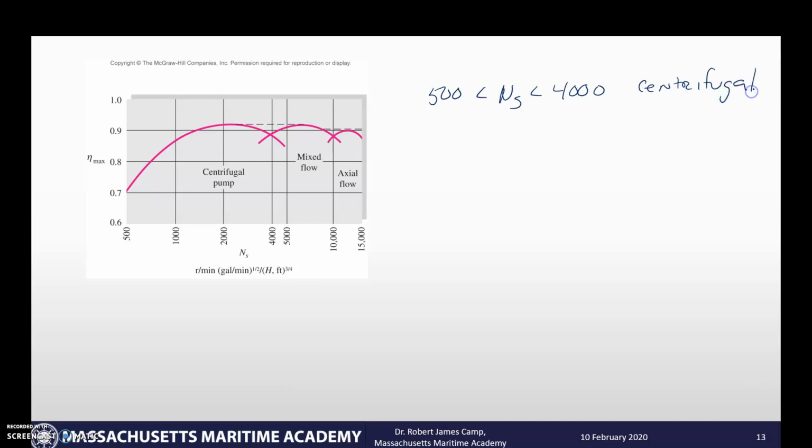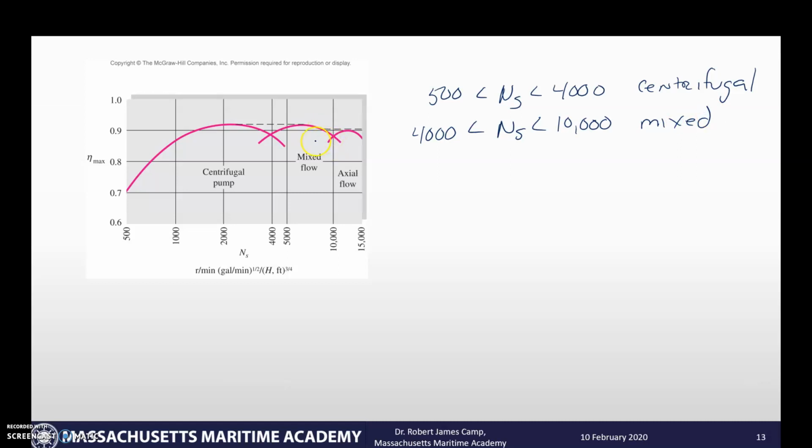Especially as you get in the upper end, if you're in the 3,500 range, does that mean you can't use a mixed flow? No. It's not until you hit 4,000 that the other pump becomes more efficient. You could use it, it'll just be less efficient. And so that mixed flow runs between 4,000 and about 10,000 for the axial flow.